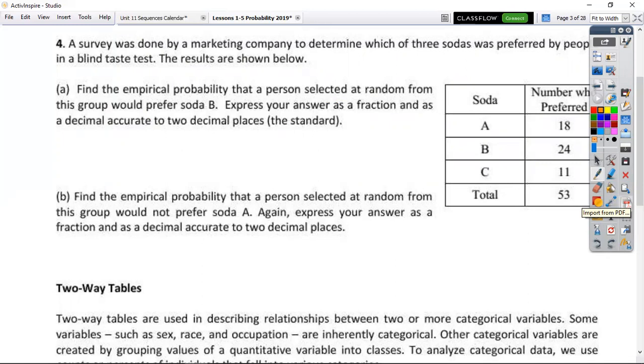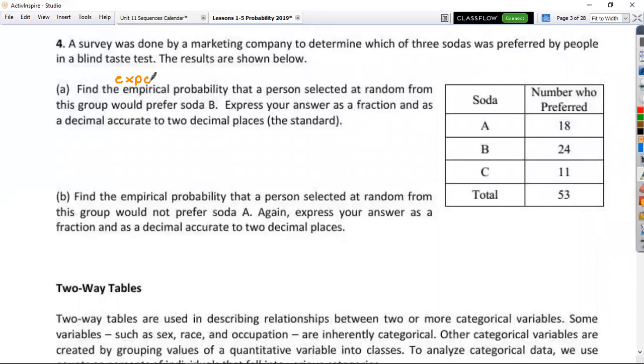That is based on experimental data, like if you polled people. So find the empirical probability that a person selected at random from this group would prefer soda A.